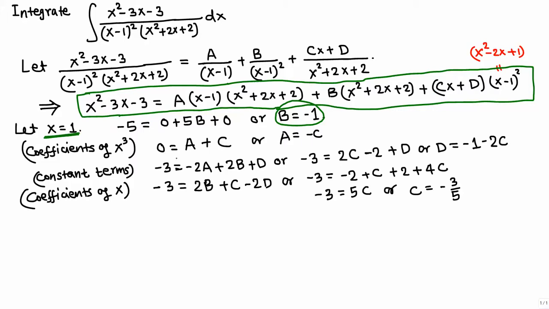So the left hand side has nothing, so 0 equals a plus c. From this we can solve for a, just subtract c, so a equals negative c. Now what we found is that as soon as we know the value of c, we can find the value of a.